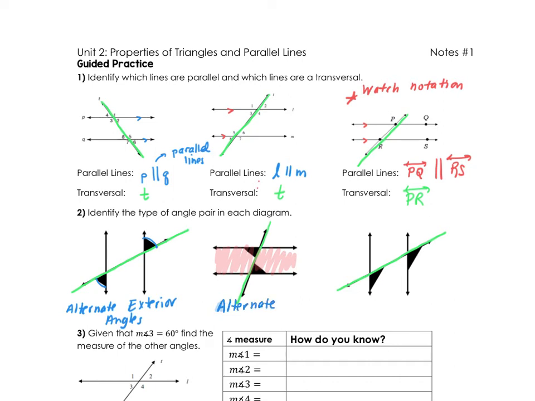They're in the interior, so we're going to say alternate interior angles. Right, in the last case, notice that these two angles are on the same side of the transversal. And one is an exterior angle, one is interior. And they look like steps on a ladder. So we're going to say that these two are corresponding angles.